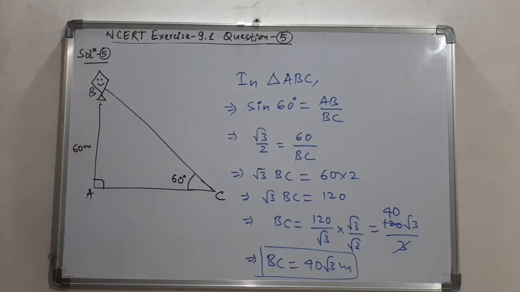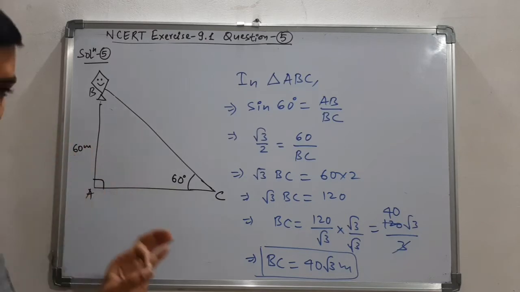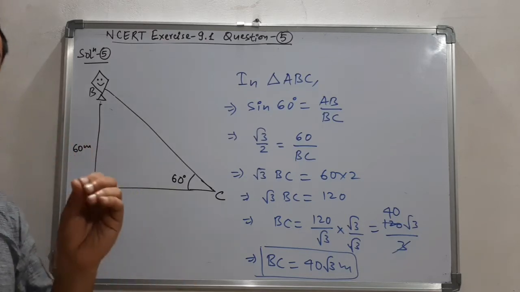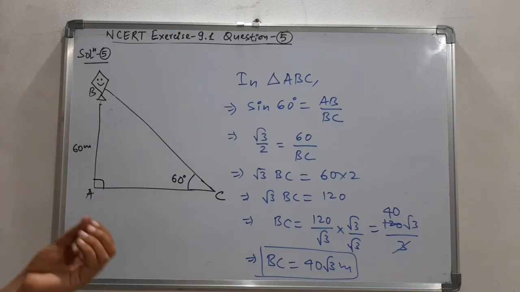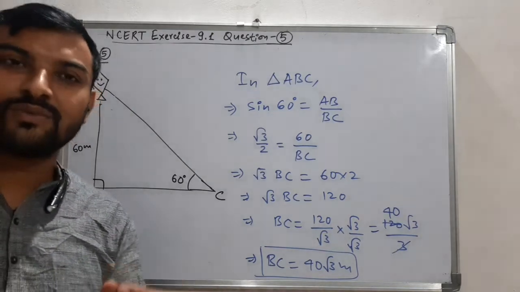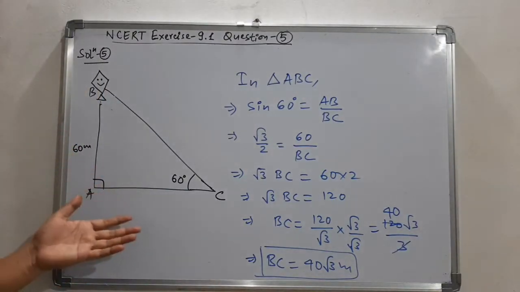So these all 5 questions which I discussed till now are very simple. Here we have to just draw the correct figure. If the figure is wrong, then the question will be wrong. Here we have to just go through the question and try to draw the figure very easily.